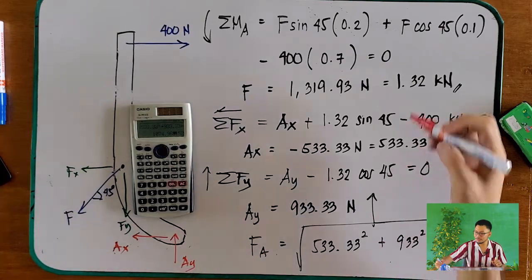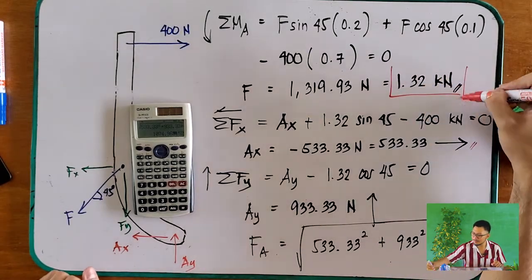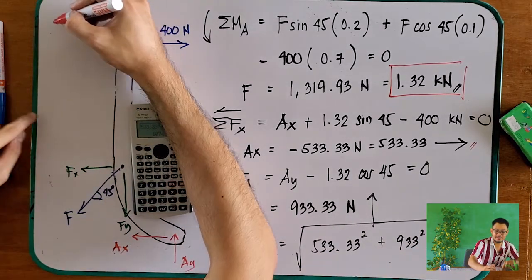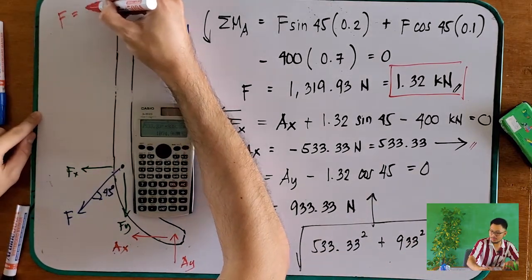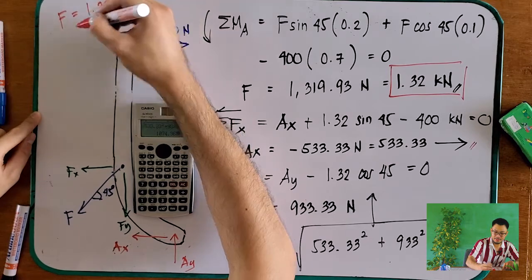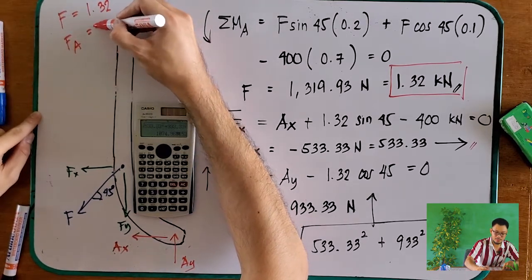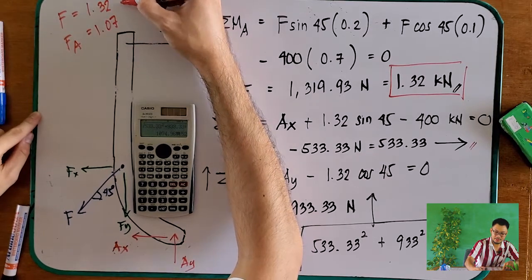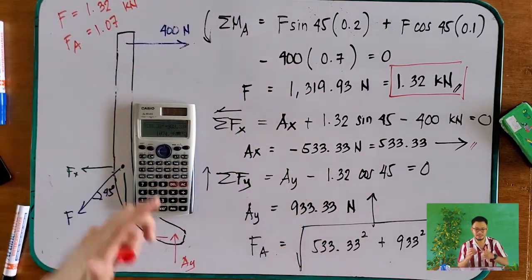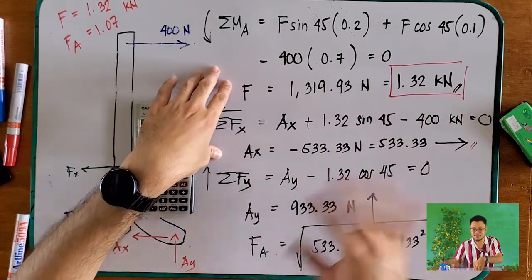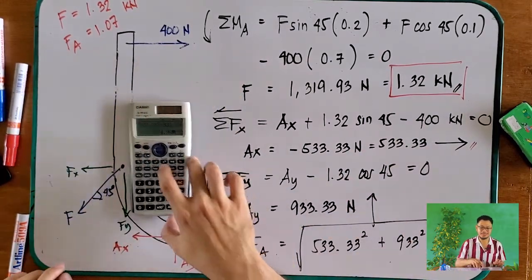Okay. Take note, we have these two answers, 1.32 and 1.07 kilonewtons. So your F is 1.32 and your FA is 1.07 kilonewtons. So take note of this answer. So ato to gigamit ang atong normal nga pag-solve sa aning nga member.